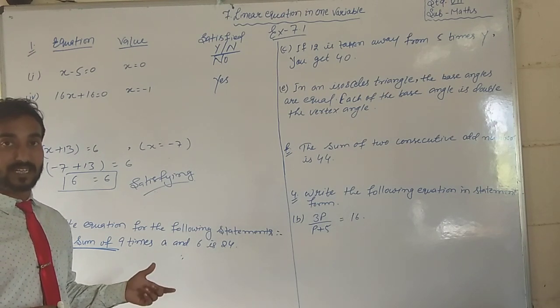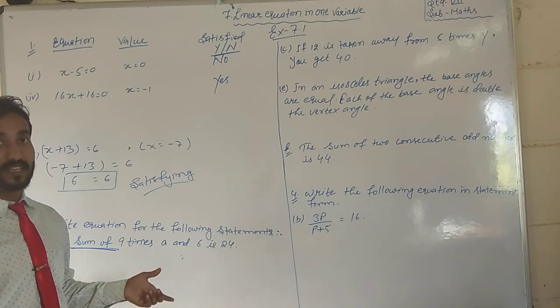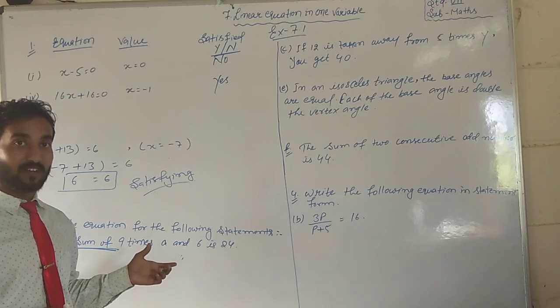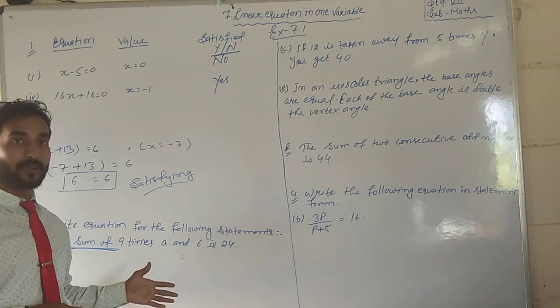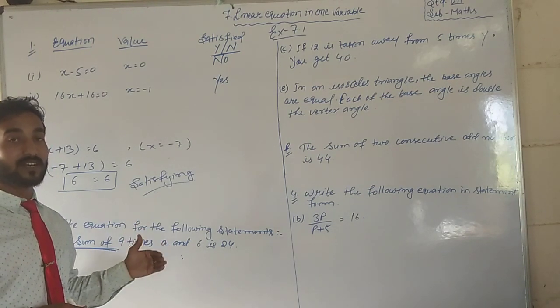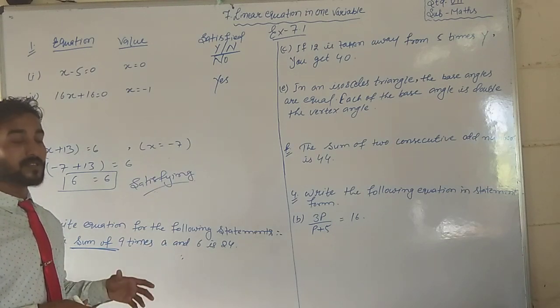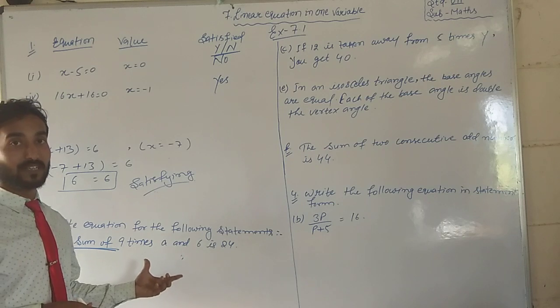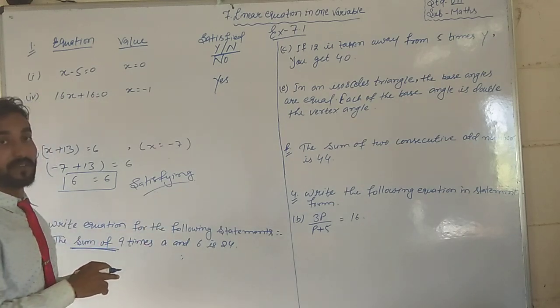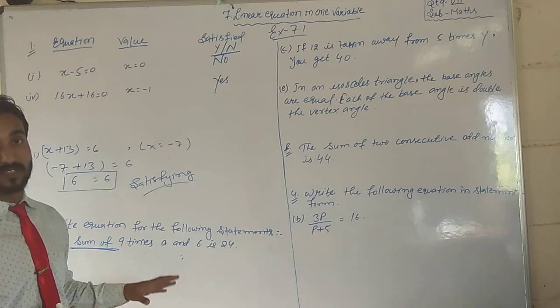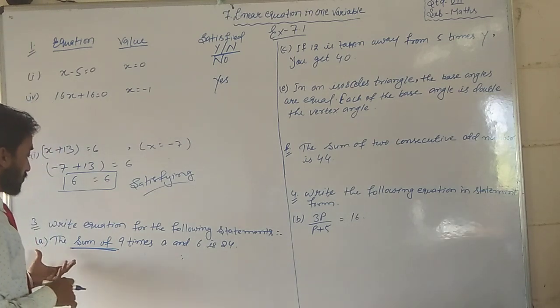When you are in higher classes, class 9 or 10, you will study trigonometry, and one chapter in trigonometry is height and distance. There also such types of questions will be given. It means a statement will be given and you have to make an equation. So it is very important in linear equation in two variables at least.